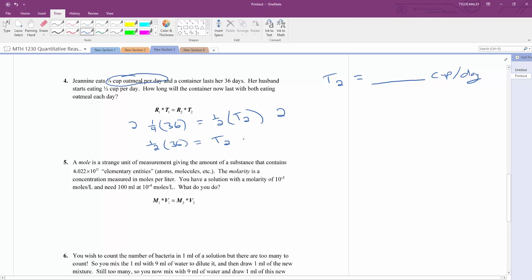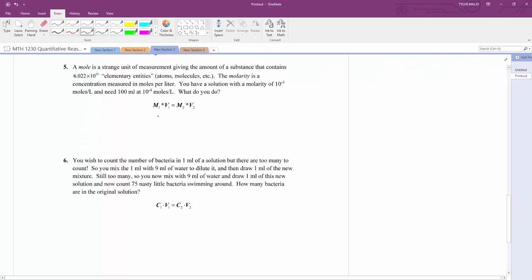So 1/2 of 36 is 18. So we'd get 18 cups per day.